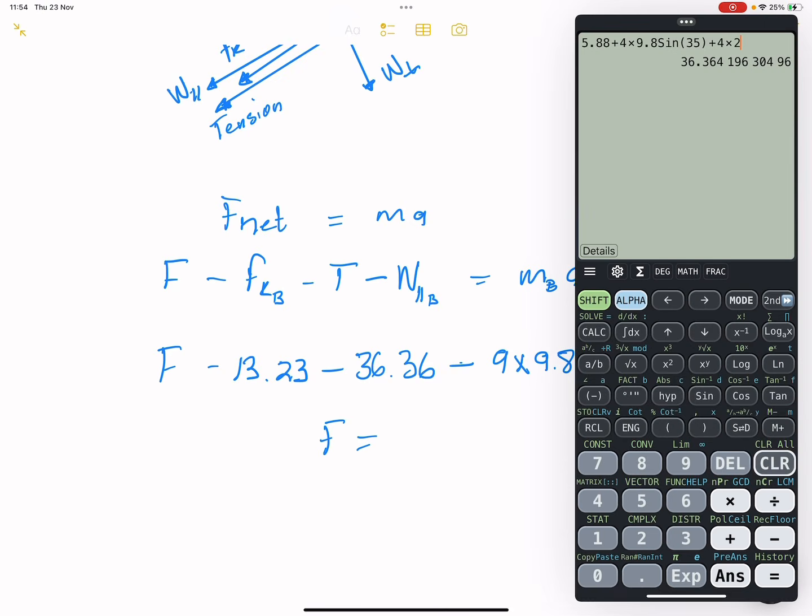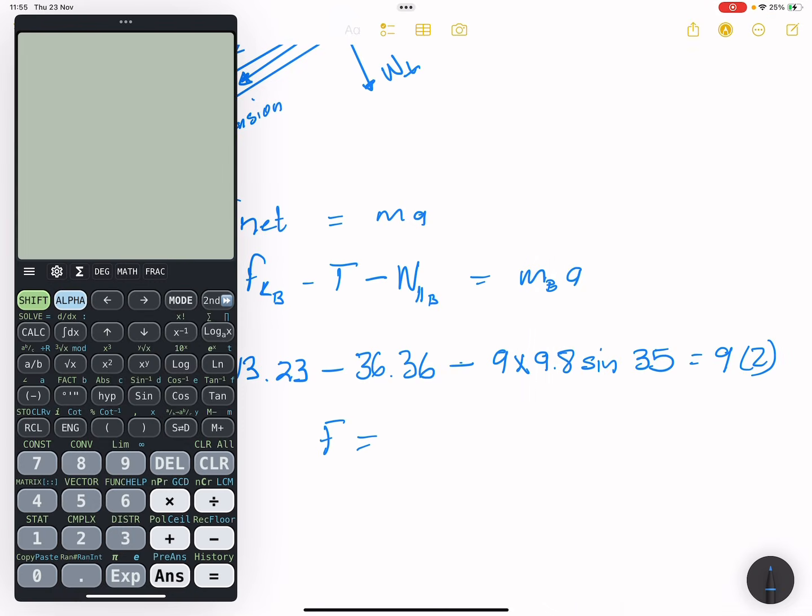Okay, let's try and do our gymnastics there. 9 times 2, plus, you see there I'm typing minus again, 9 times 2 plus 9 multiplied by 9.8, the sine of 35.